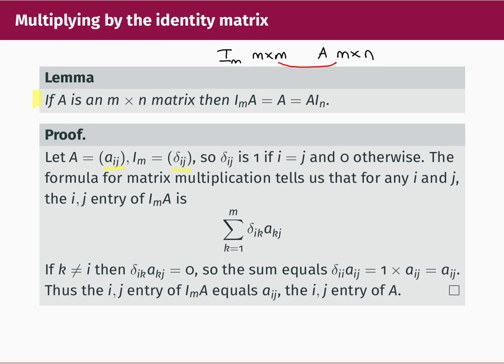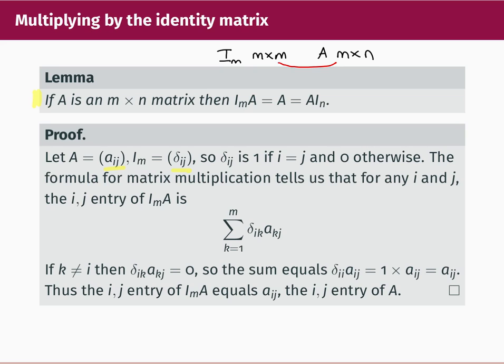Now we know that Im times A and A have the same size. So all we have to do to check that they're equal is to check that they have the same ij entry for any i and for any j. So we can use the formula for a matrix product to work out the ij entry of Im times A, and we should show that this is equal to lowercase a ij, since that's the ij entry of A. So let's use that formula.